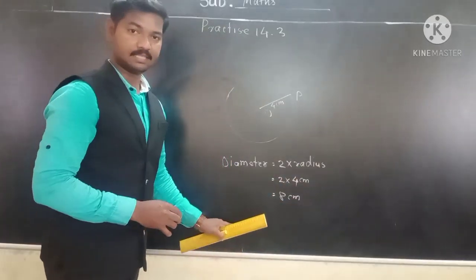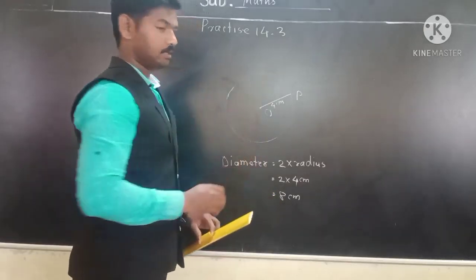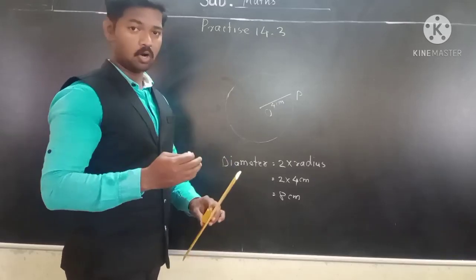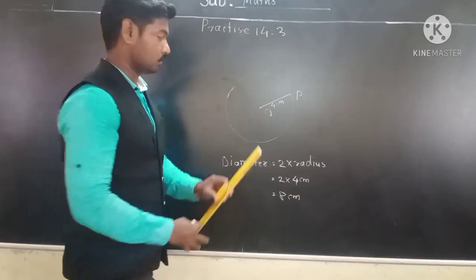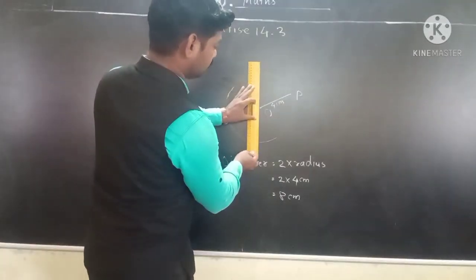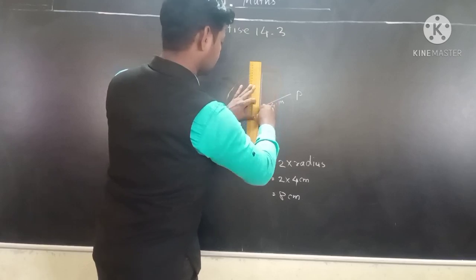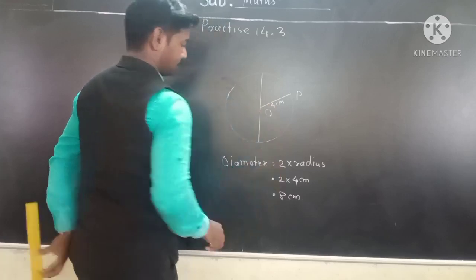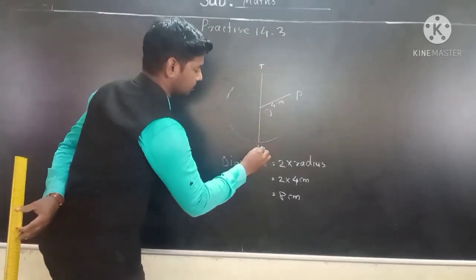Yes, it is correct. Diameter means what? We have to join any 2 points on a circle. That line is known as a chord. A chord passing through the center of a circle is the diameter. So we will join any 2 points on the circle such that the chord is passing through the center of the circle. Then I will give a name, that is TU.